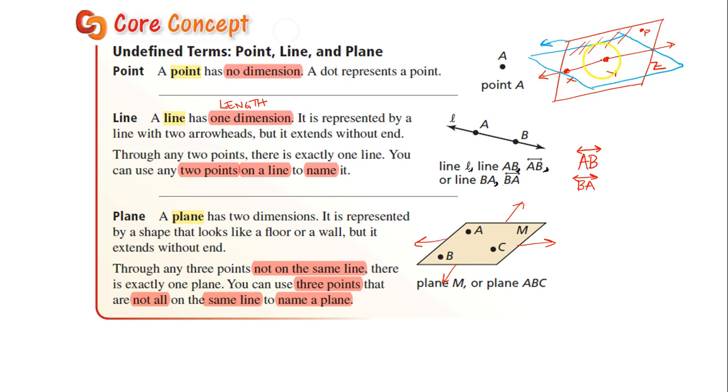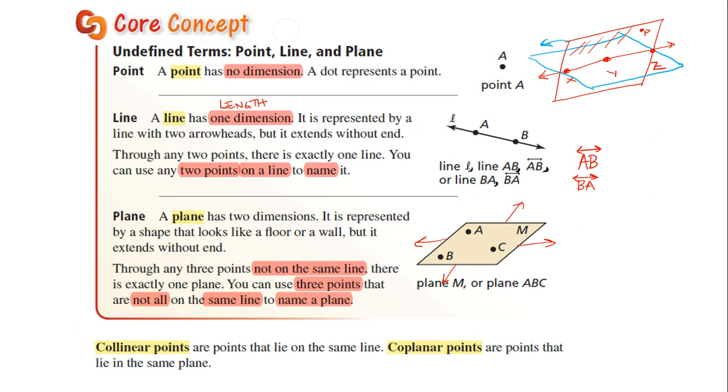So we can talk about the red plane as being plane XYP, or PYZ, or any 3, but not X, Y, and Z altogether. P has to be one of them. Anywho, you can use 3 points that are not all on the same line to name a plane. And these words that I was saying, collinear points are points that are on the same line, and coplanar points are points that are on the same plane.